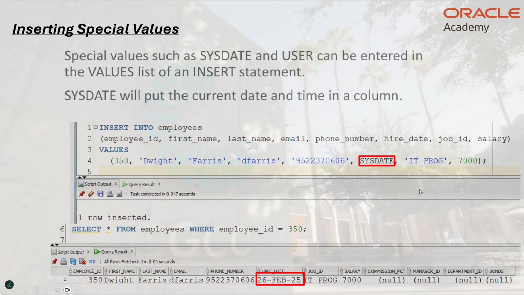Remember, SYSDATE is a system function that will essentially send today's date to your table. And it is still used quite a bit because it's a valid way to capture today's date.